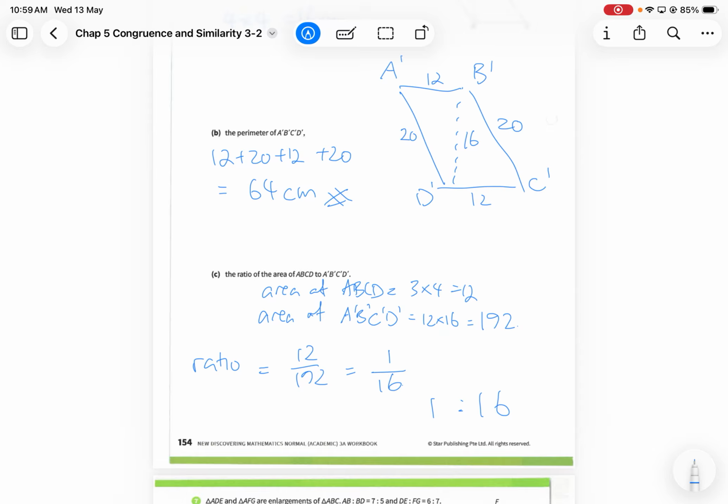Okay. Listen, here got one important thing. This ratio that you see here is between the area. Okay? And then, do you remember what was the ratio or the scale factor for the length?